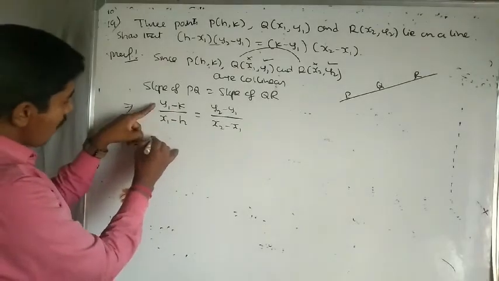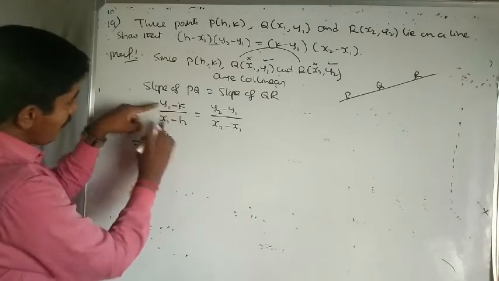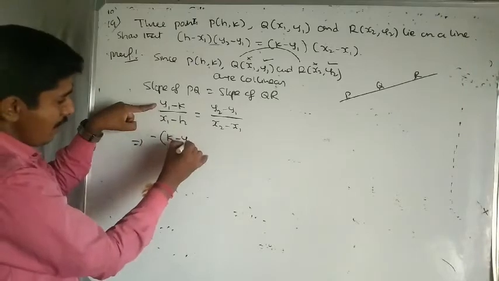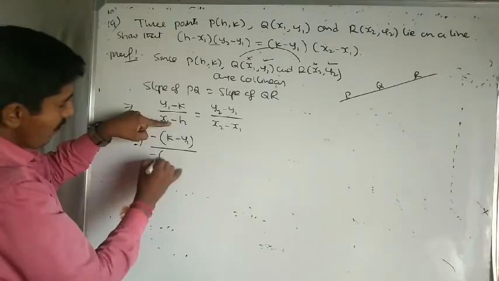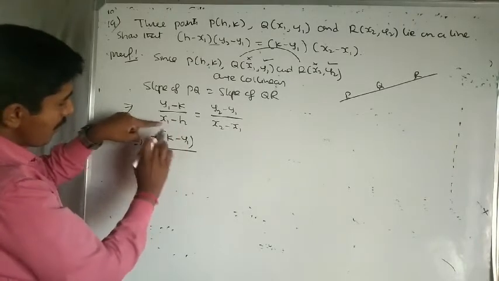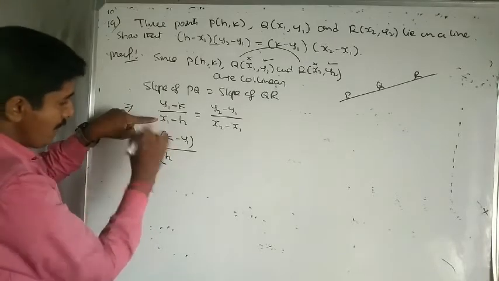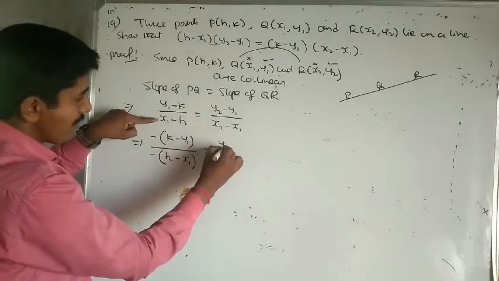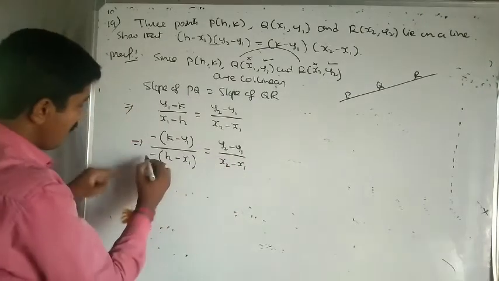Taking minus common, minus becomes plus k, and remaining is minus y1 in the numerator. Similarly, in the denominator taking minus common, remaining is plus h minus x1, which is equal to RHS as it is, y2 minus y1 divided by x2 minus x1.